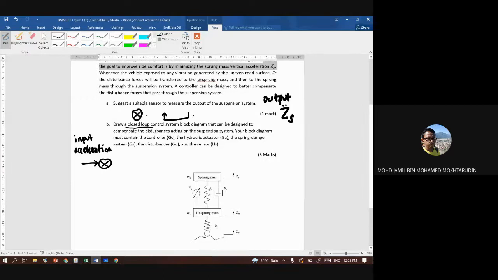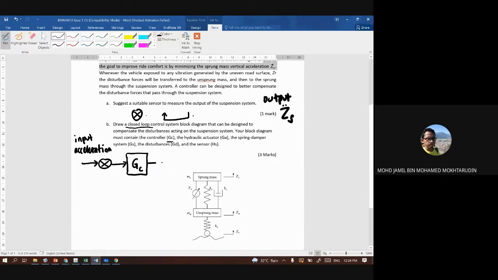The question already gave you what blocks to include in your block diagram: controller, hydraulic actuator, and spring damper system. So next one is the controller. You can either write controller here or just put the symbol GC, from the instruction given.